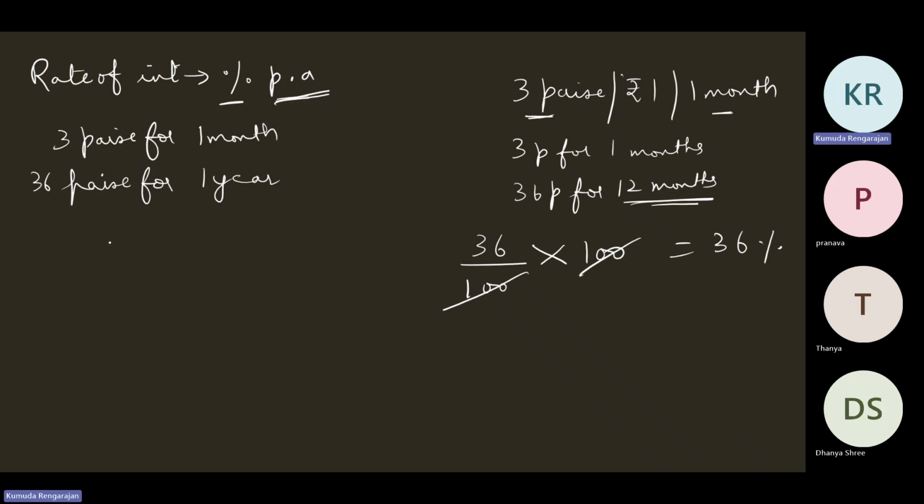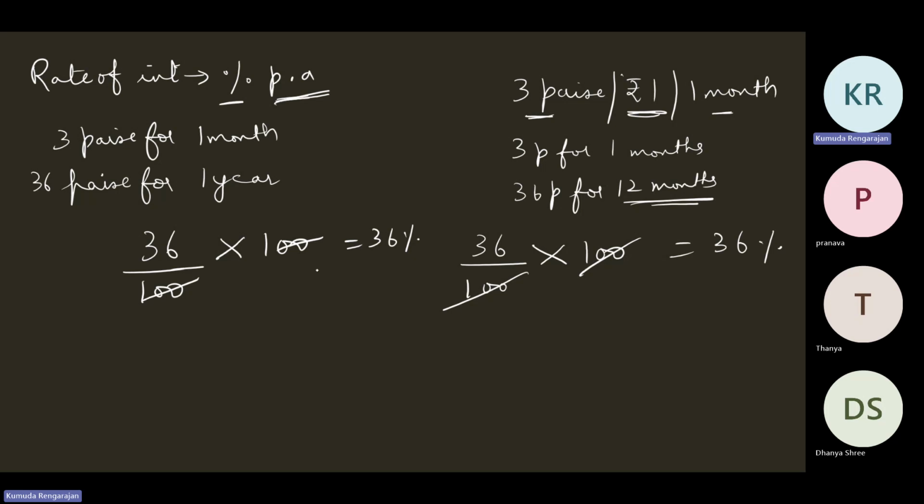Okay. Now we should change it to percentage. How do you change to percentage? You should multiply the fraction by 100. And what is that fraction? 36 paise for every 100 paise. Why by 100? Because it's given for 1 rupee. So this is in paise. Denominator also should be in paise. So it's 36%. Now come back to the assertion.